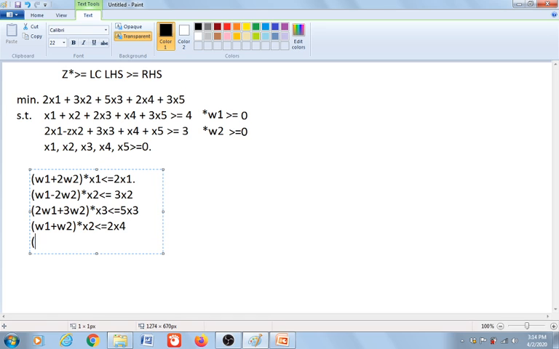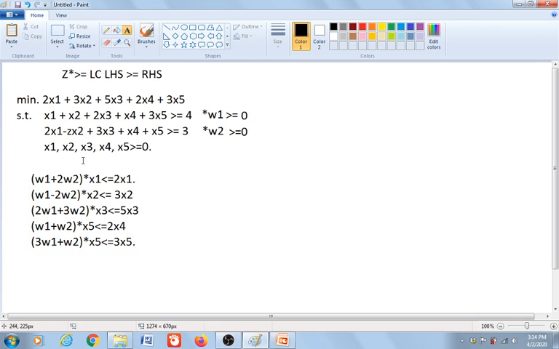And then for x5, 3w1 plus w2 times x5 less than or equal to 3x5. Since x1 till x5 are all non-negative, the sign over here will not change.